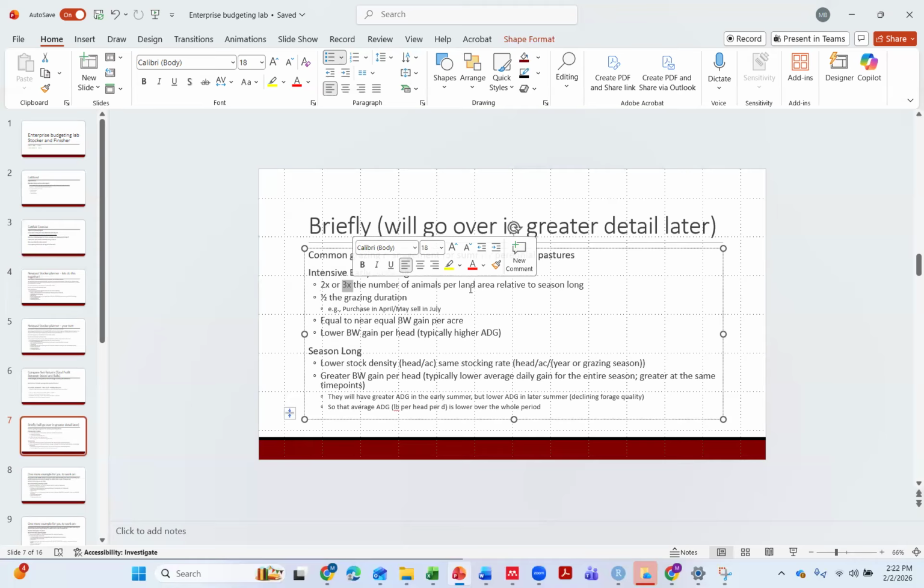You will have near equal body weight gain per acre as you do in the season long stocking. Even though you have half the amount of time grazing, you've got double the amount of animals grazing, so you have near equal body weight gain per acre across these two systems.